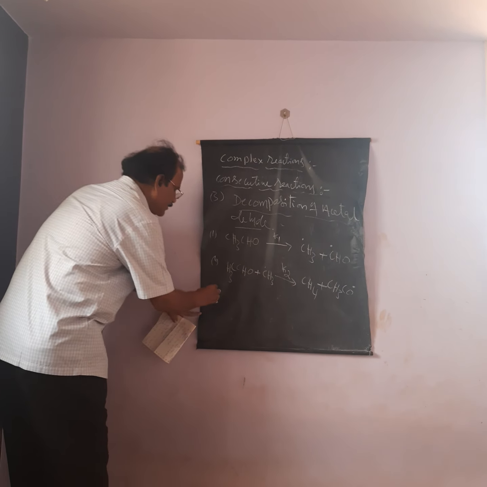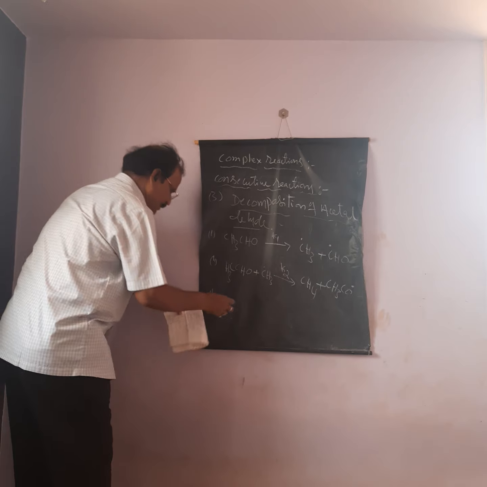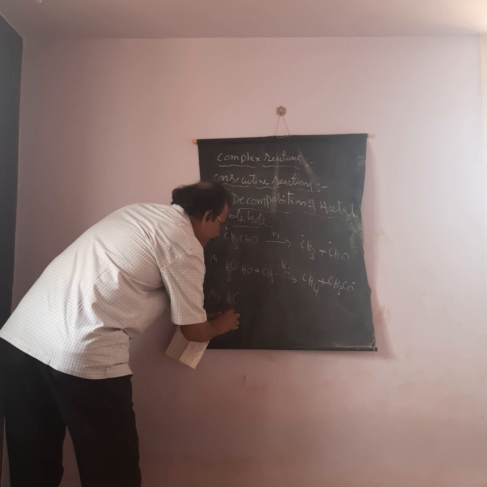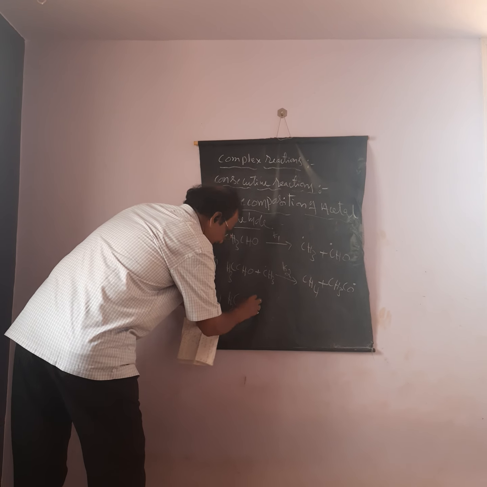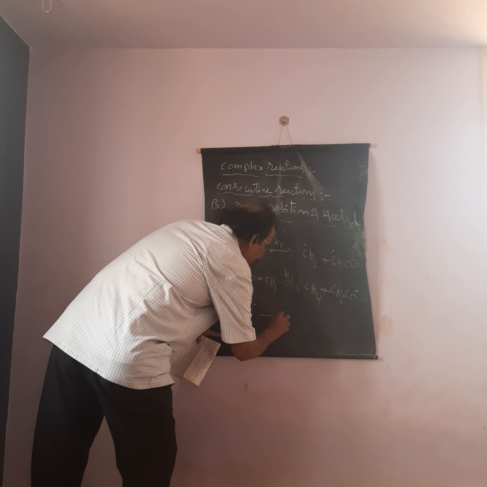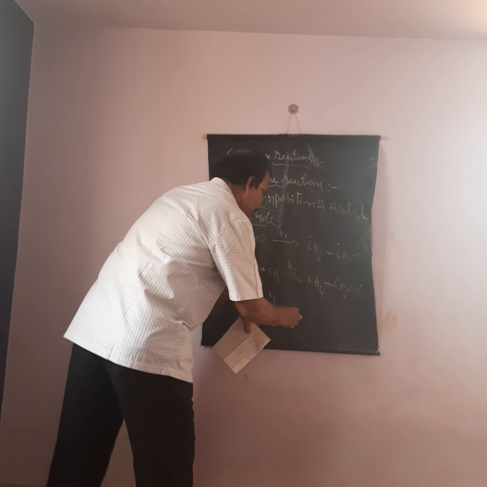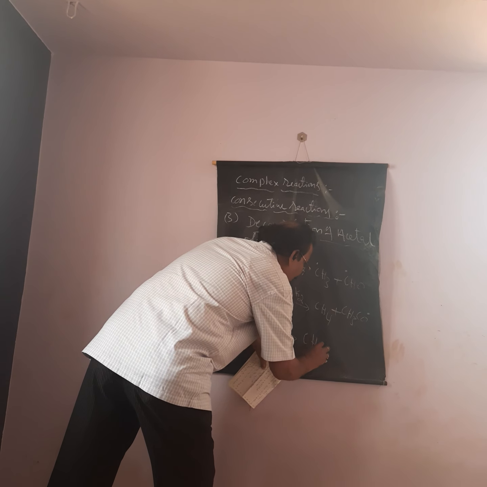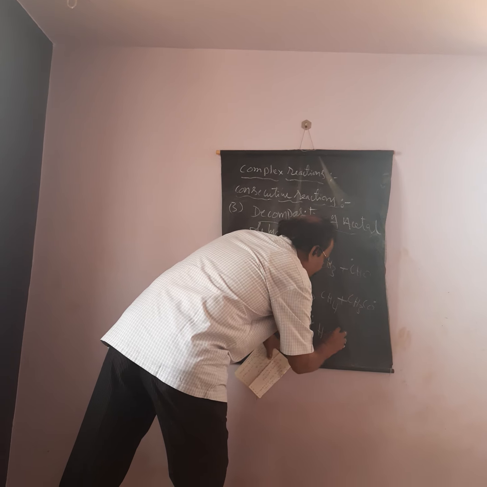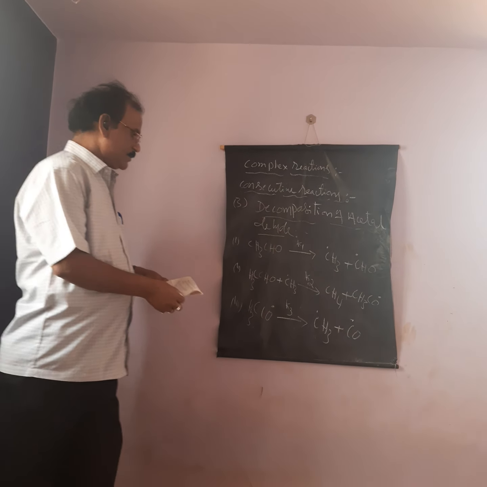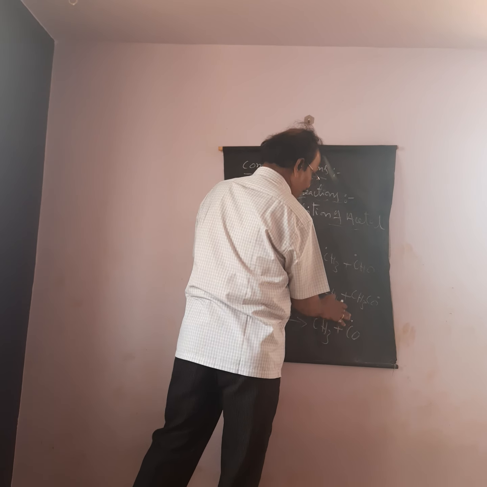And in the third step, the CH3CO free radical with rate constant K3 gives CH3 dot plus CO, that is, CH3 dot plus carbon monoxide.